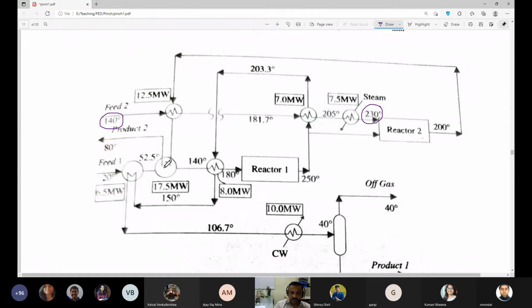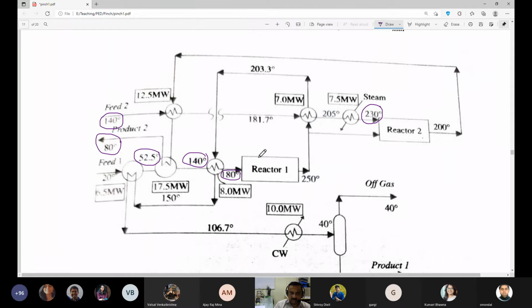It goes through this heat exchanger, then through another heat exchanger, and leaves as product 2 at 80 degrees centigrade. The other one here is the feed at 20 degrees centigrade. This is heated to 52.5 degrees, then further heated to 140 degrees, then further to 180 degrees. It goes to the reactor.